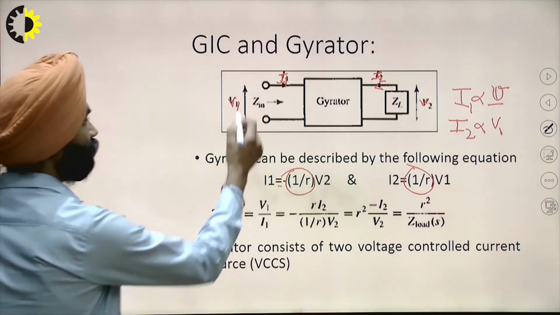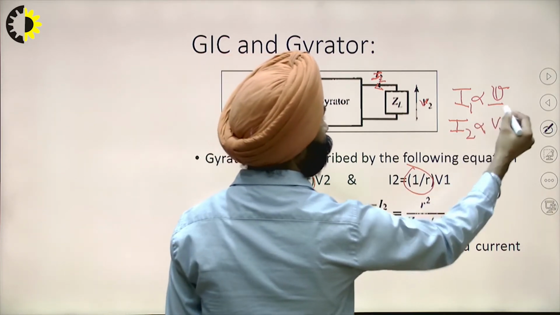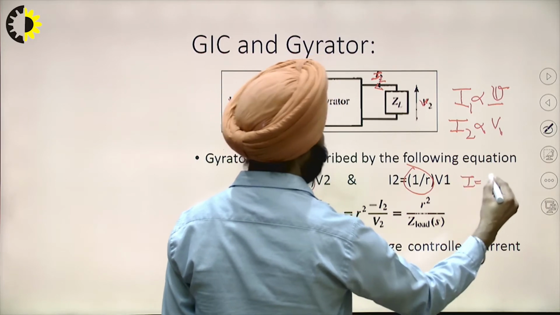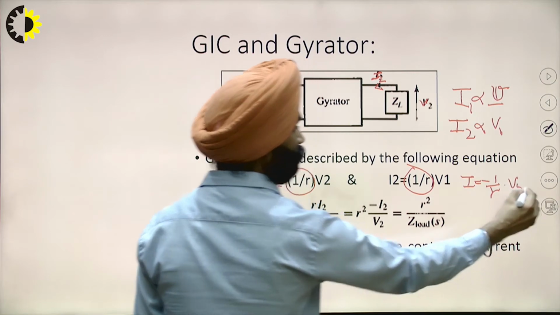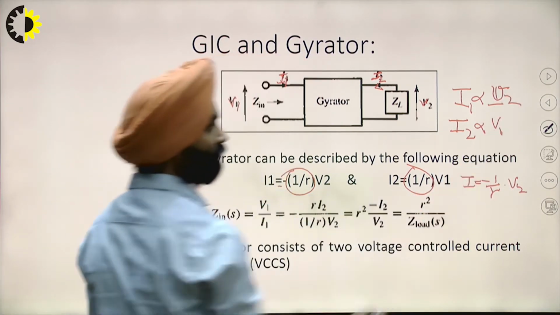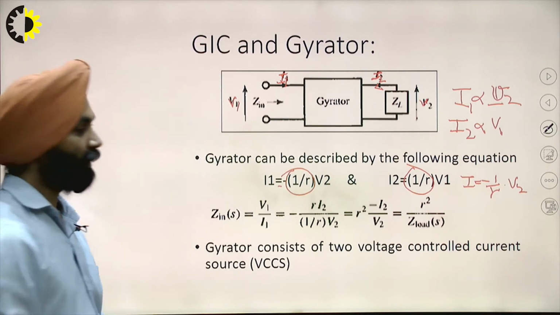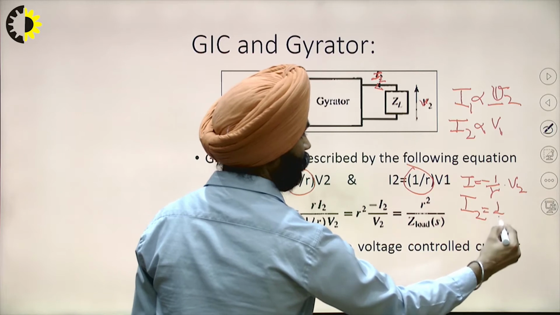So I1 is equal to minus 1 by R into V2, and I2 is equal to 1 by R into V1.